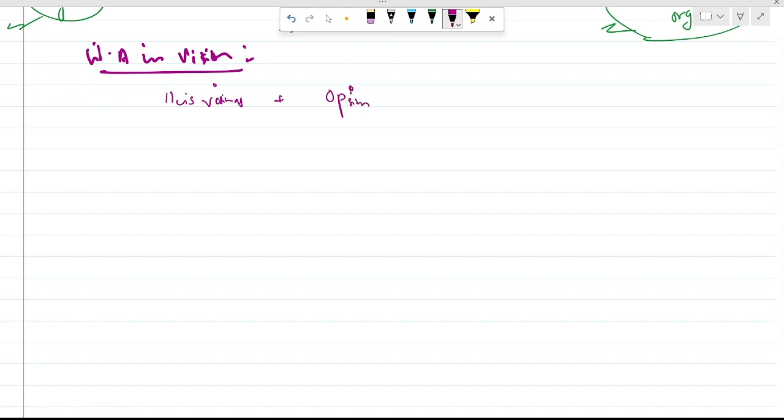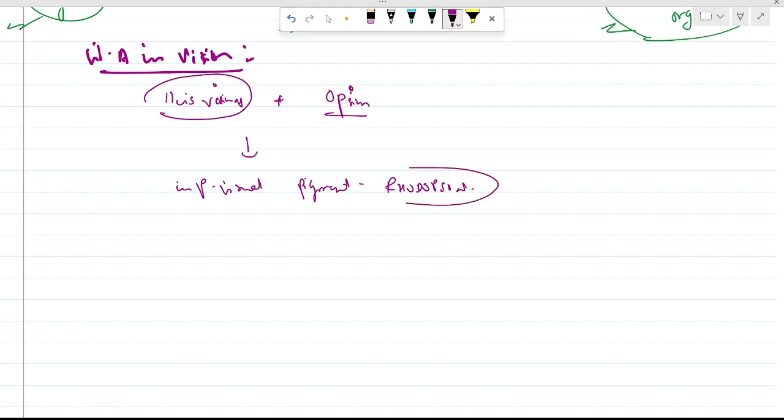This is the aldehydic form of vitamin A. This combines with opsin protein to form an important visual pigment. We all know what it is, rhodopsin. The important visual pigment rhodopsin is formed from 11-cis retinal and opsin.